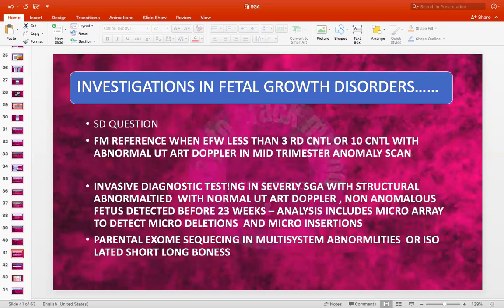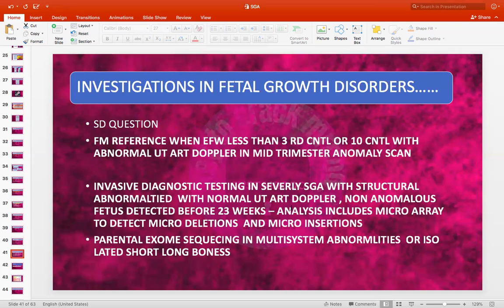Invasive diagnostic testing we offer when there is severe SGA with structural abnormalities, with normal uterine artery Doppler and a non-anomalous fetus. Non-anomalous means there is no anomaly like Down syndrome or something.